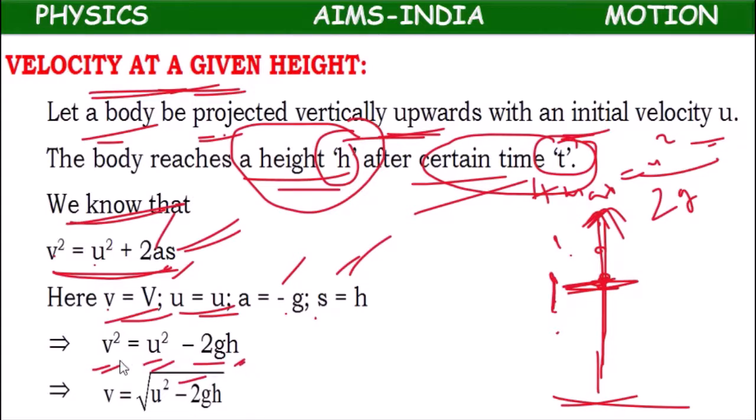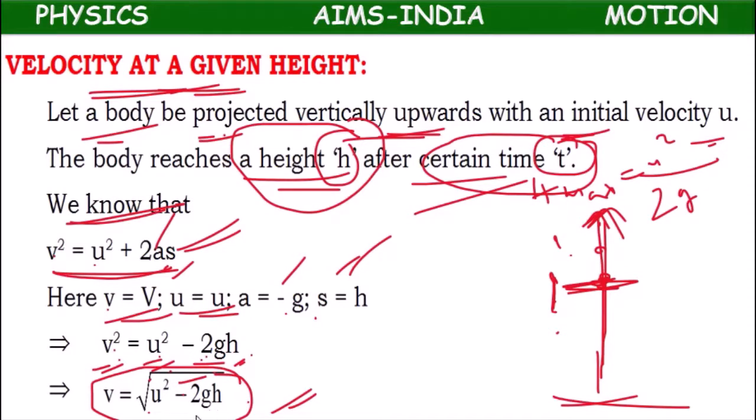It will become v square equals u square minus 2gh. This square will go to the other side: v equals root of u square minus 2gh. So this is the formula for a certain height.